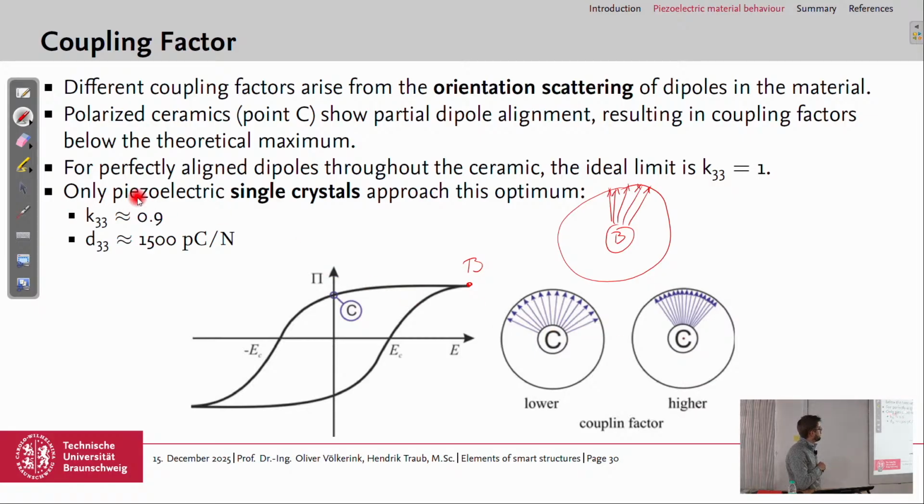And for perfectly aligned dipoles, so every dipole in the same direction, this would be only a straight line. The limit is that k33 would be 1.